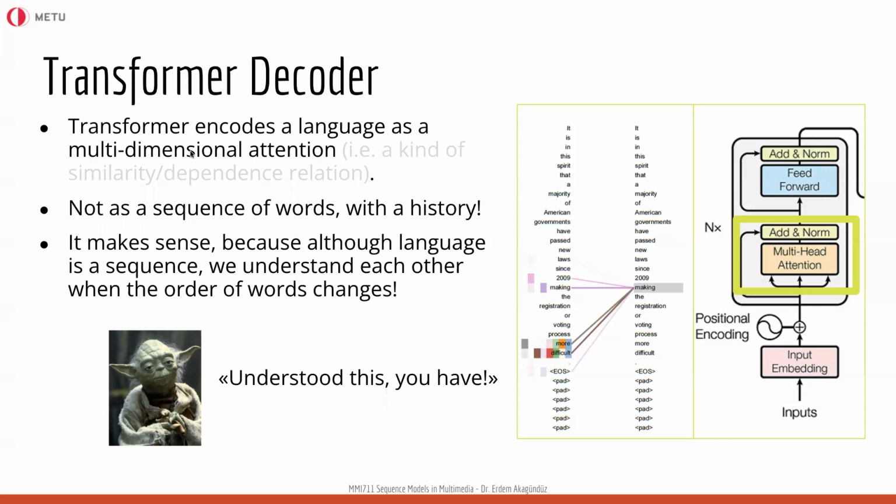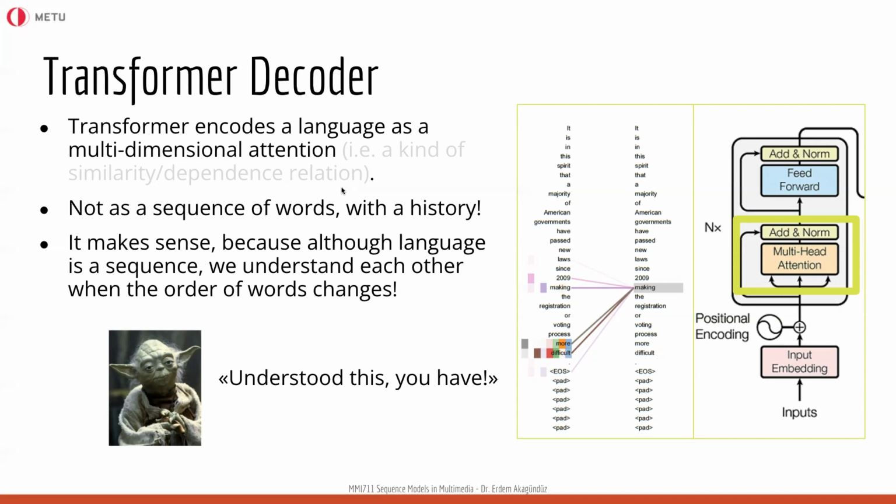Kind of similarity dependent situation, you already know this. So it's not just a sequence of words with a history, that relation is actually the history that we call in RNNs. But it doesn't have to necessarily be history, because if it's a time series signal, we can say that it's history, because the dimension of time in a time series signal is unidimensional.